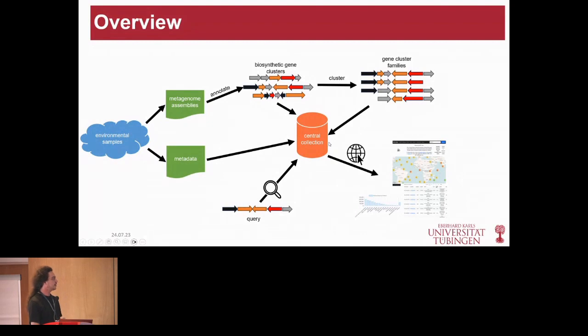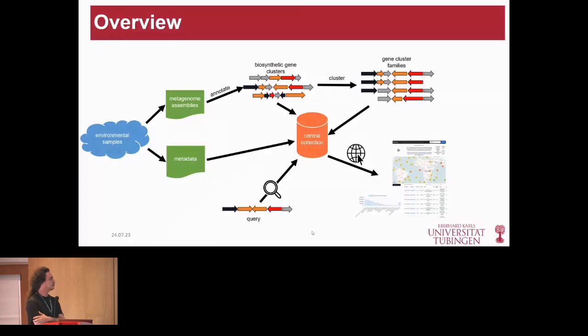All of this data is collected in a central collection, which can be queried and viewed by users through a web interface, but users also have the possibility to search for the gene clusters that they identify themselves in this resource that we have produced.